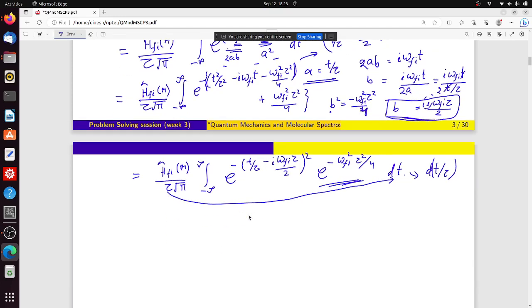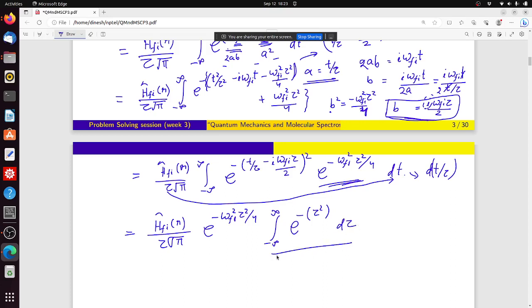Let me take the constant outside first, H of phi r tau over root pi, then e to the power minus omega phi square tau square over 4, then this integration minus infinity to infinity e to the power minus, this is like some z square dz.